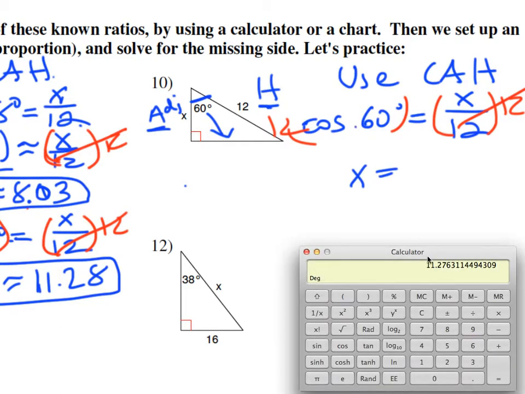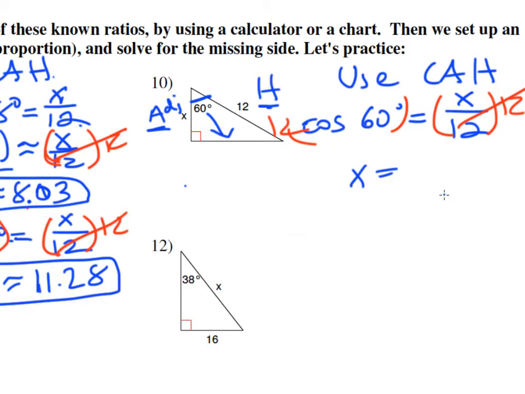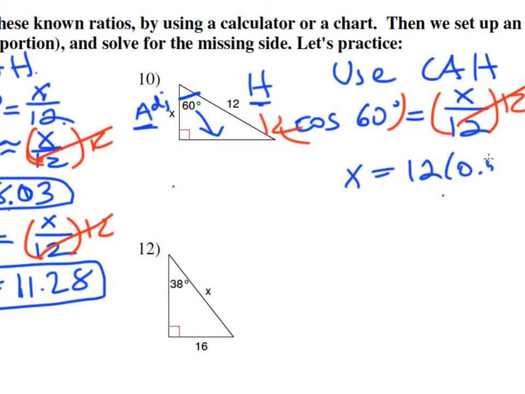Let's think about what cosine of 60 is. Cosine of 60 is 0.5. Now that is interesting. 0.5 times 12 is half of 12, or 6.